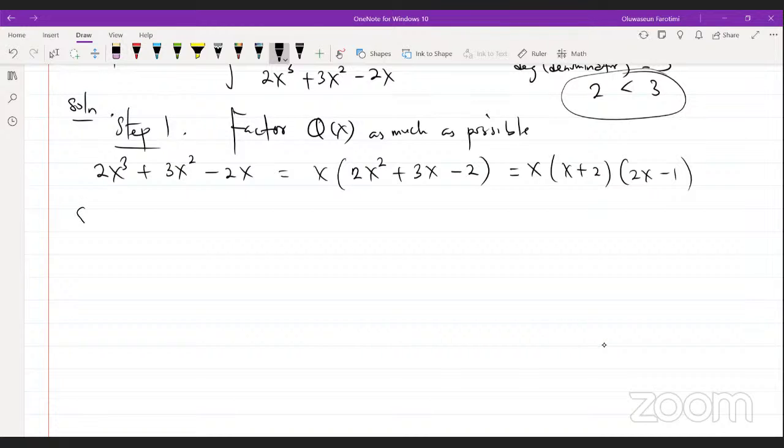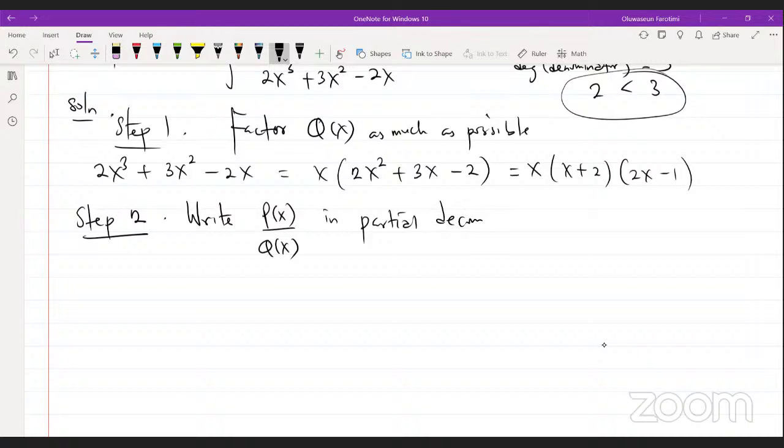So again, for the purpose of learning, let me call the next step, step 2. So what is step 2? I'm going to write P of x over Q of x in partial decomposition form.